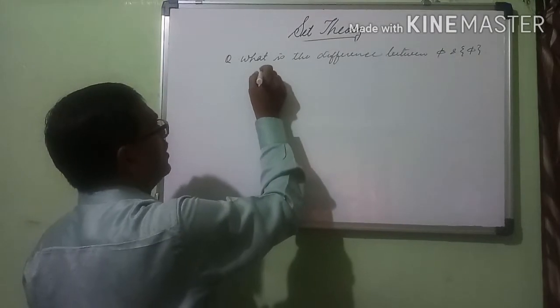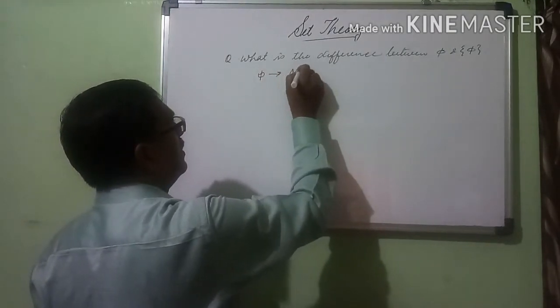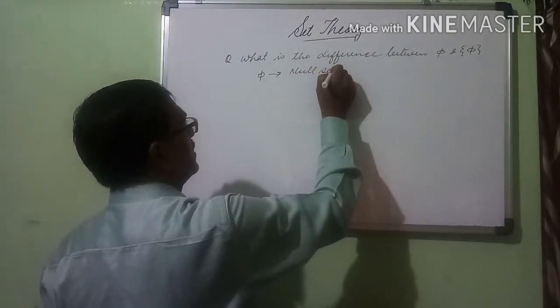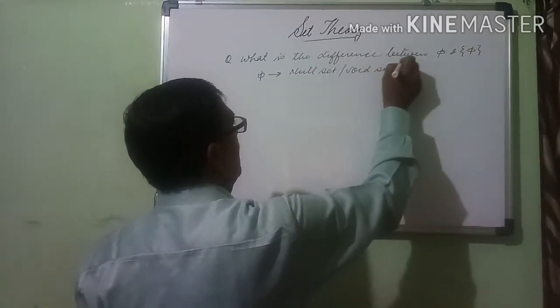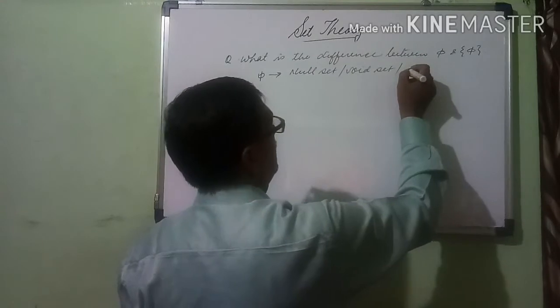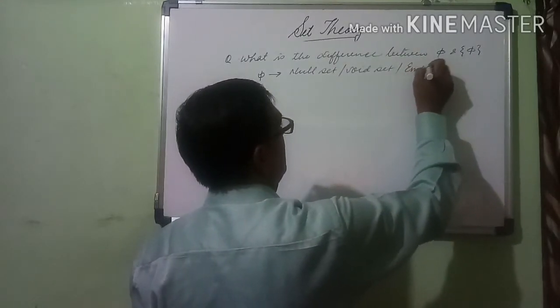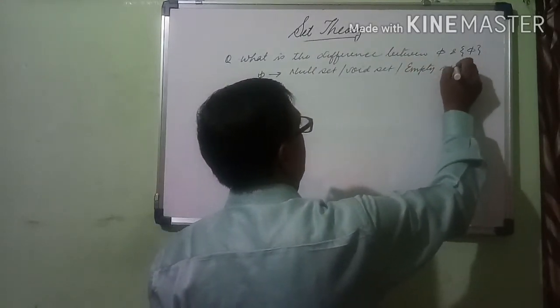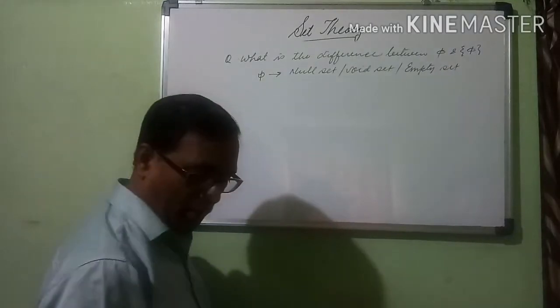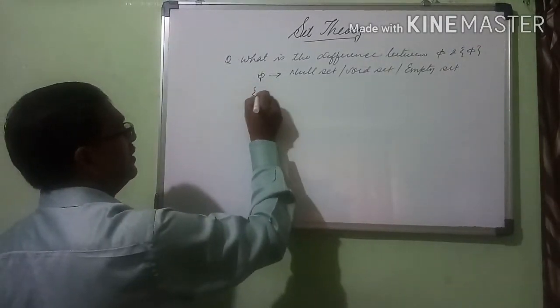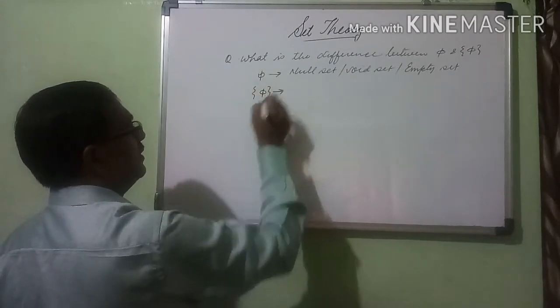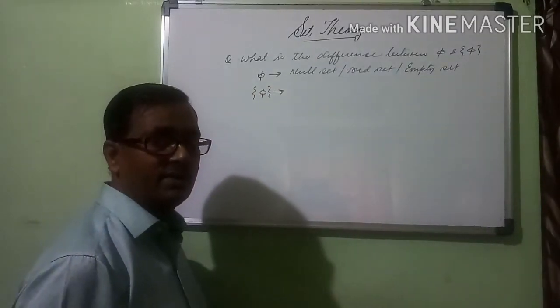Phi stands for null set or void set or empty set. But when we talk about phi in the curly brackets, what does it mean?